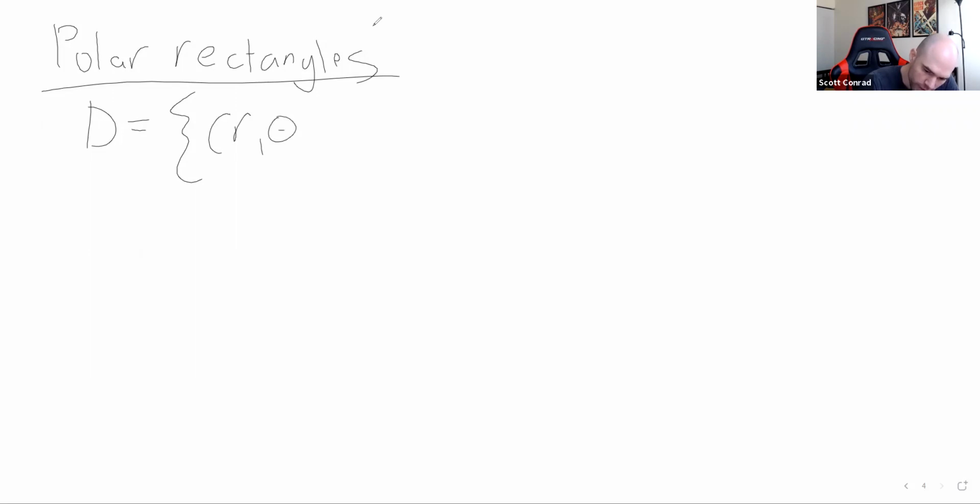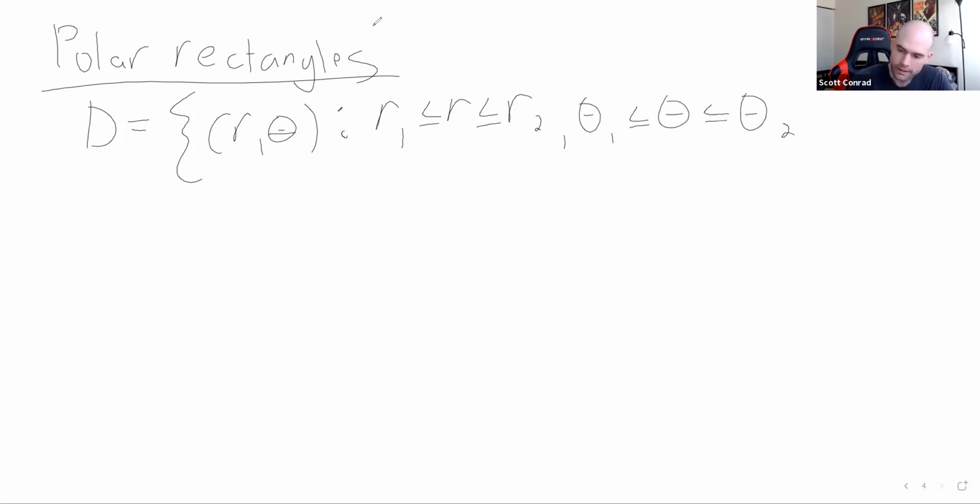It's going to be the set of points r, theta in polar coordinates, such that r lies between two numbers, r1 and r2, and theta lies between two numbers also, theta 1 and theta 2.